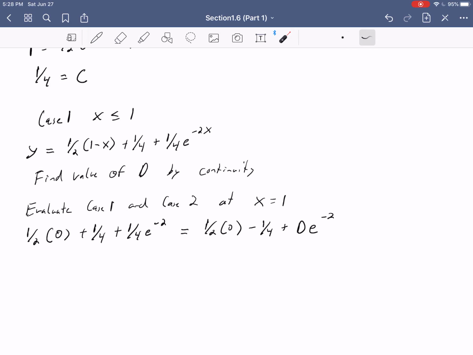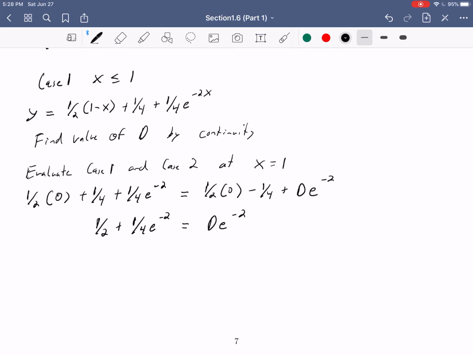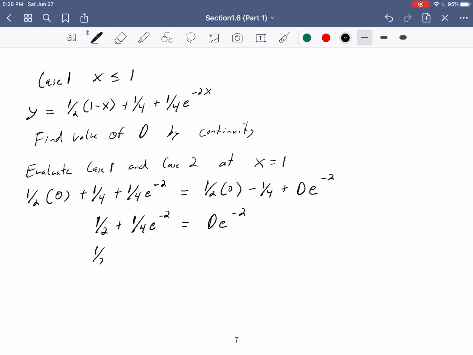So we should now be able to solve this. We can bring this over here, and we should get 1/2 plus 1/4 e to the minus 2 is equal to d e to the minus 2. Multiply both sides by e squared: 1/2 e squared plus 1/4 is equal to d.